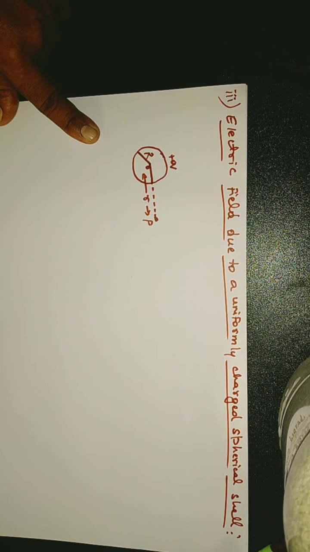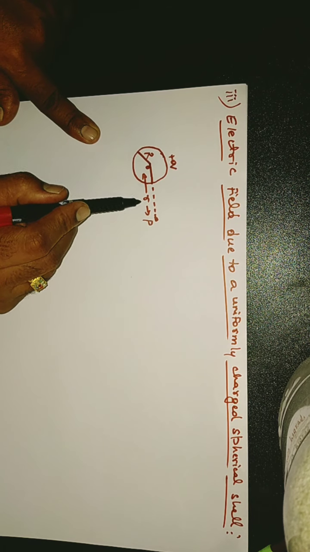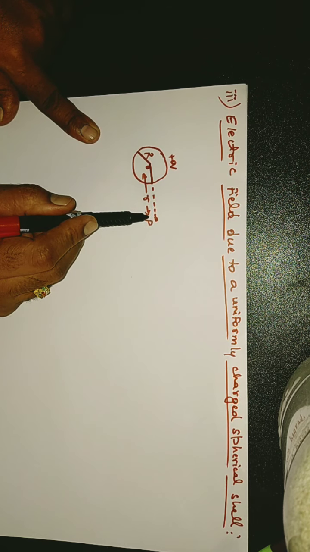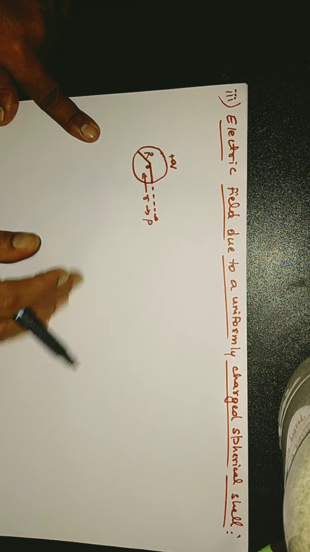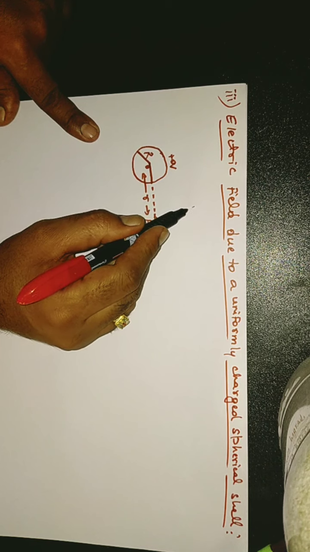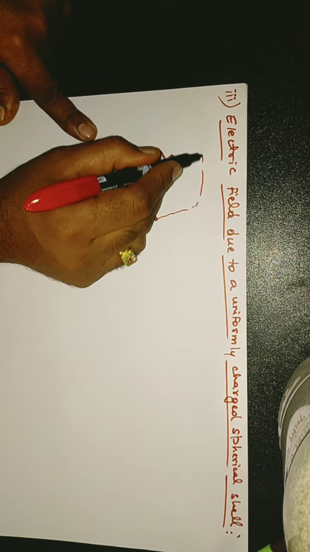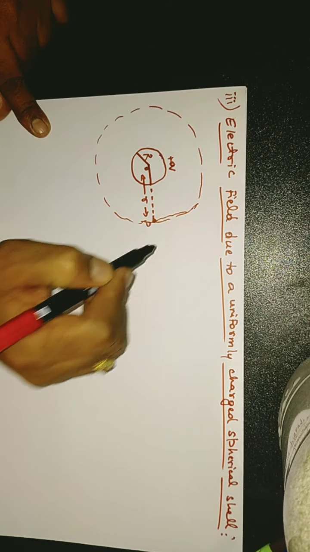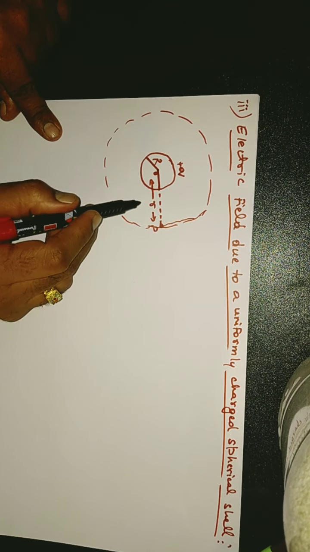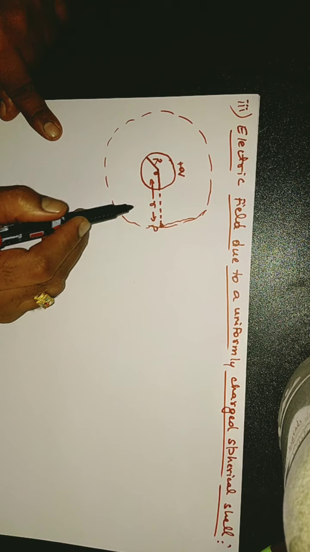So, if I consider a spherical Gaussian surface of radius equal to r, such that the point P lies on the surface of the Gaussian surface, I would draw a sphere here, like this. The radius of the sphere is equal to r.